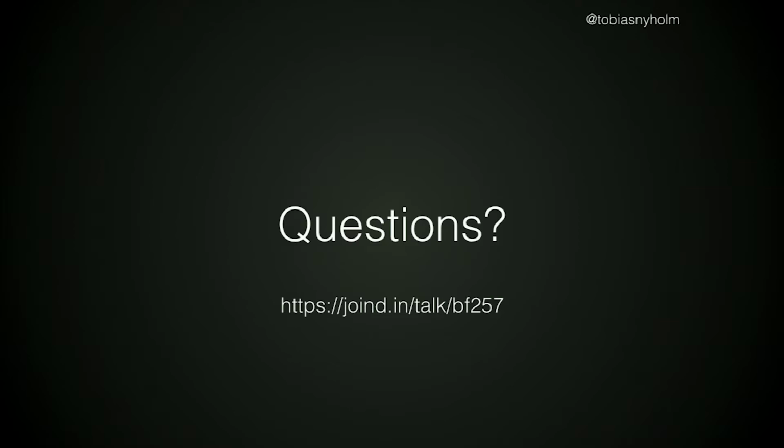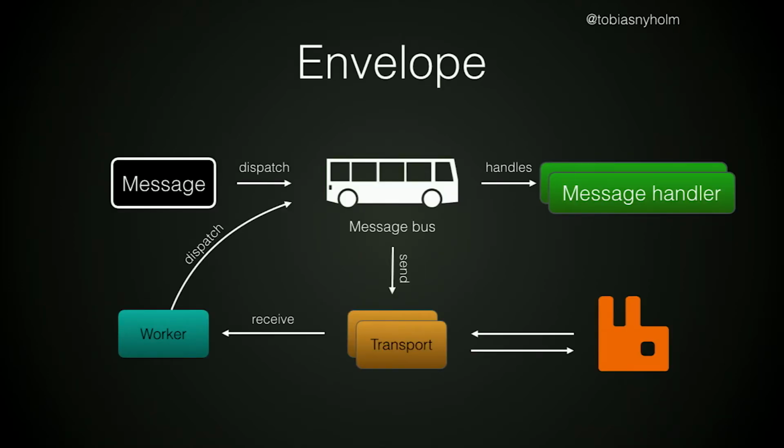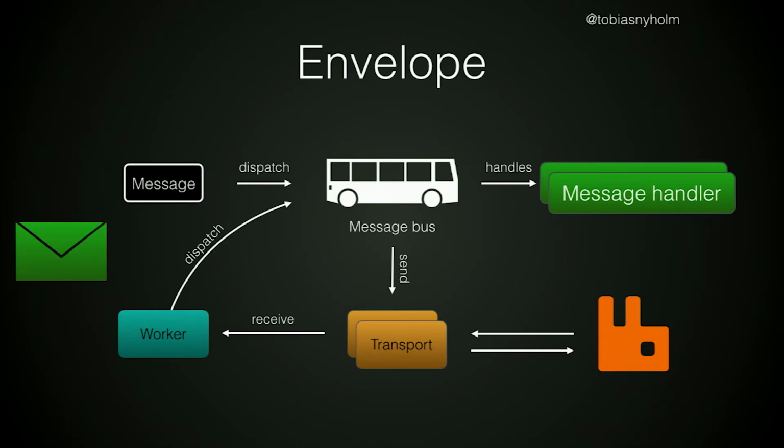Another great question would be, you saw I'm using validation, and what if you have validation groups? You don't want to use the default validation groups, or with serializing groups or whatever. So I actually wasn't too honest with you. We actually use something called an envelope. You put your message in an envelope, and then you put it on the bus.